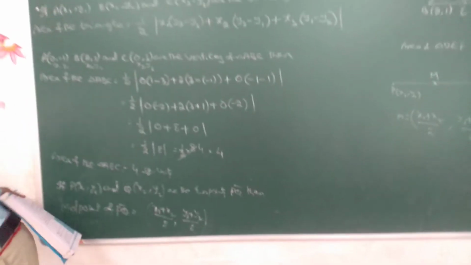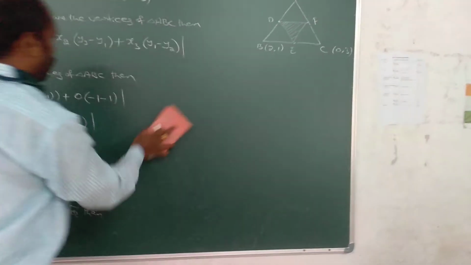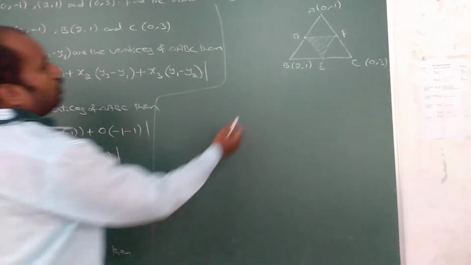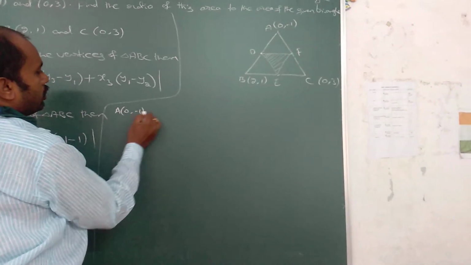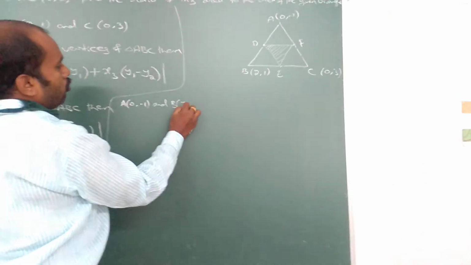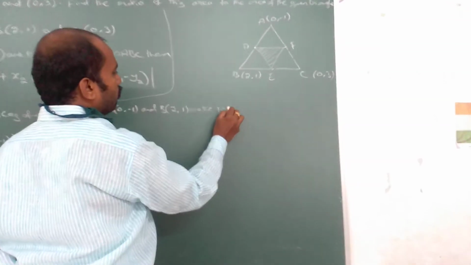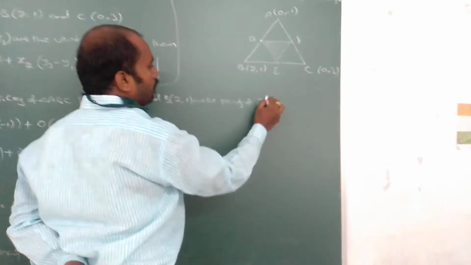Now we can use it for finding on AB. Take the AB line segment. Take A at 0, -1 and B at 2, 1 as the points of line segment AB.